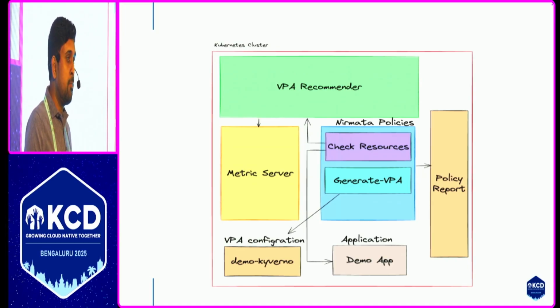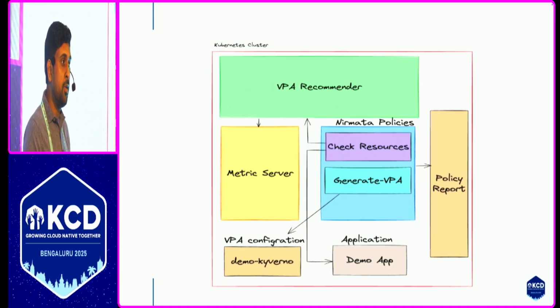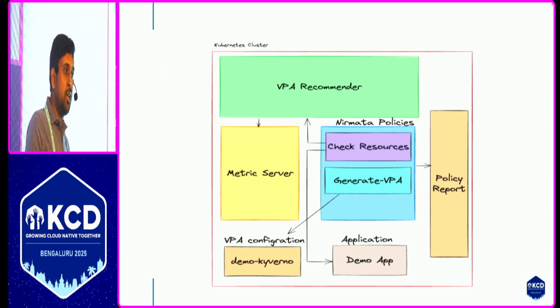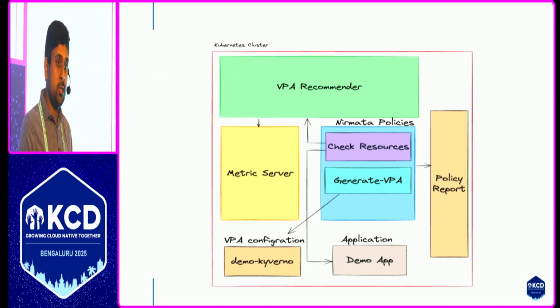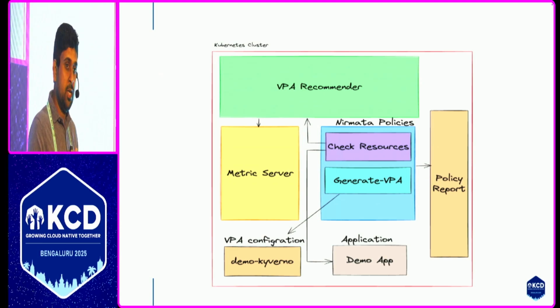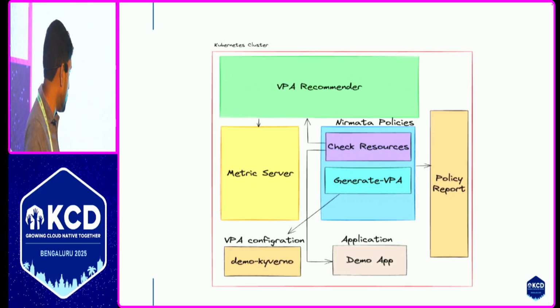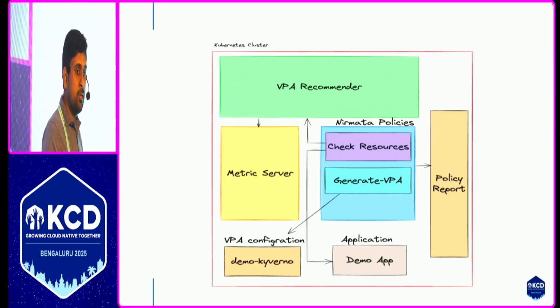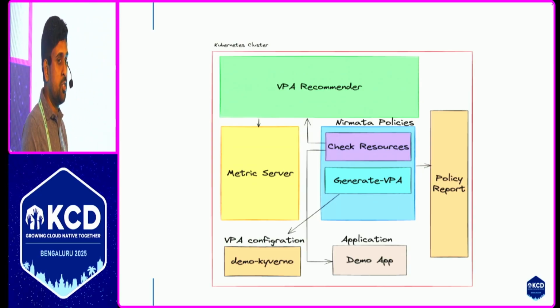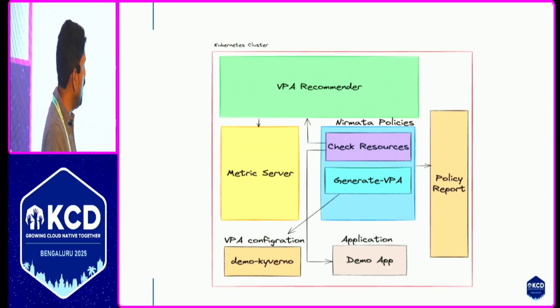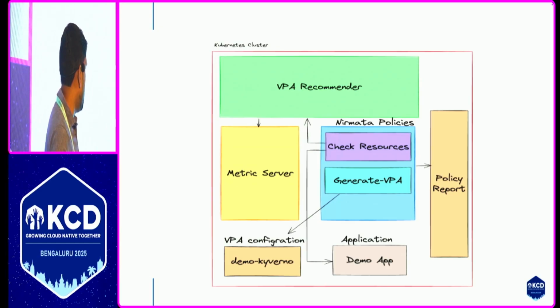The VPA recommender is the model in itself which understands your traffic pattern and resource utilization pattern and provides recommendations for optimal resource utilization. So let's say a pod is running and receiving traffic; over time it will analyze your traffic pattern and the resource utilization, and based on that it will give you recommendations for the optimal function of that workload. Then we have a metric server, which VPA uses to analyze resource utilization, and based on that it gives the recommended values.